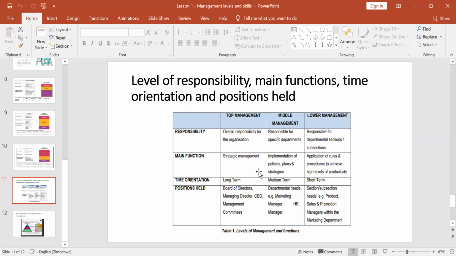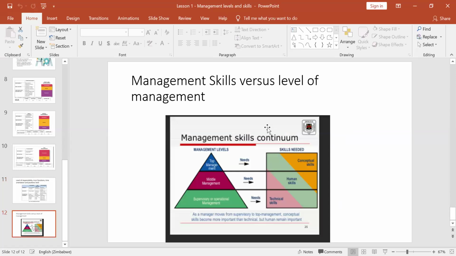So we have this summary. It's on the top managers, middle managers, and lower managers versus the responsibility that they have in the organization, their main function, the time orientation, and the common positions that they hold. And also, we have a summary which has to do with the skills.